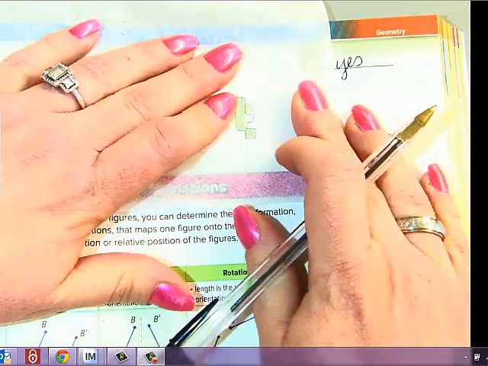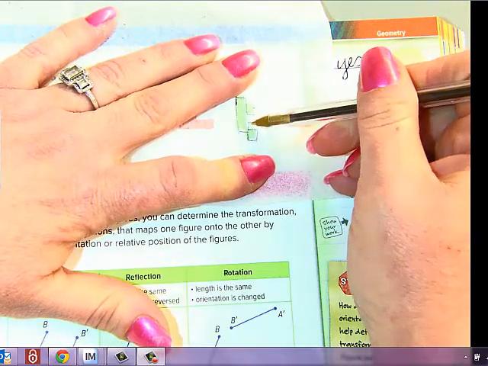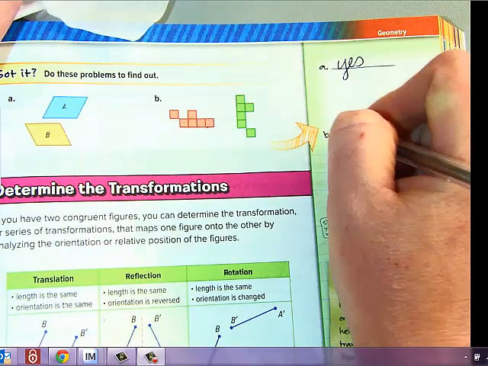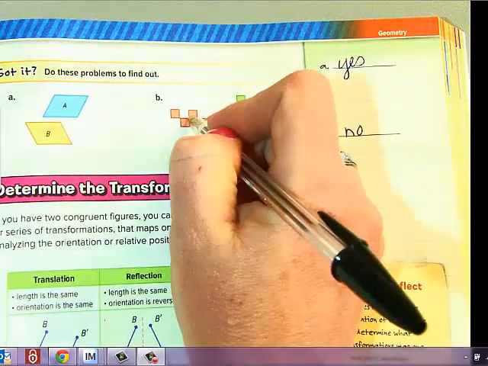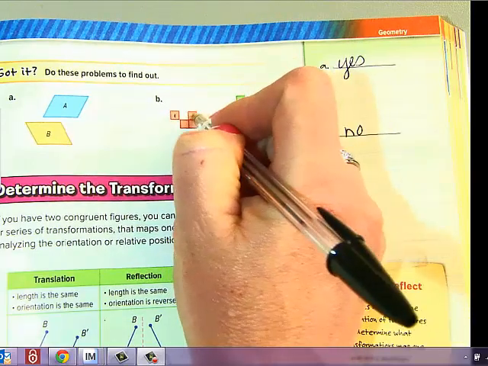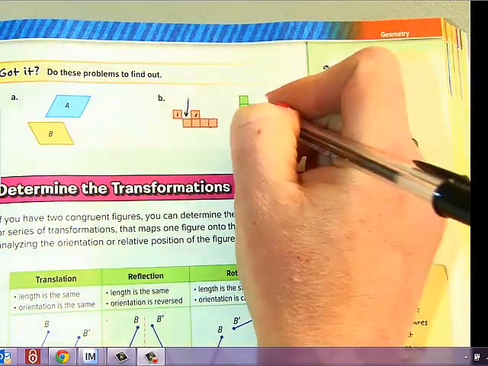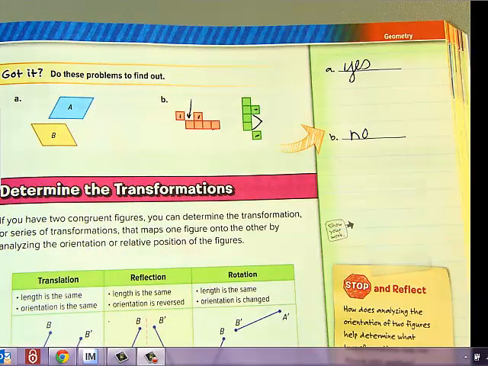Well, if I look closely, here is the square on the green one. Here is the square on the red one. So do they line up? No, they are not congruent because the squares are off. And I can see that further because between this one and this one, there is only one square. Between this one and this one, there are 2 squares. That's why they are not congruent.